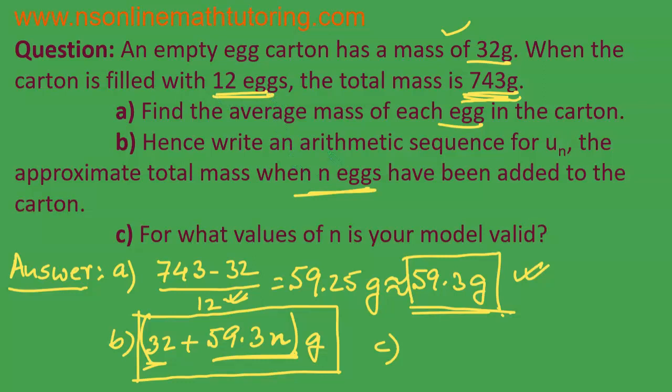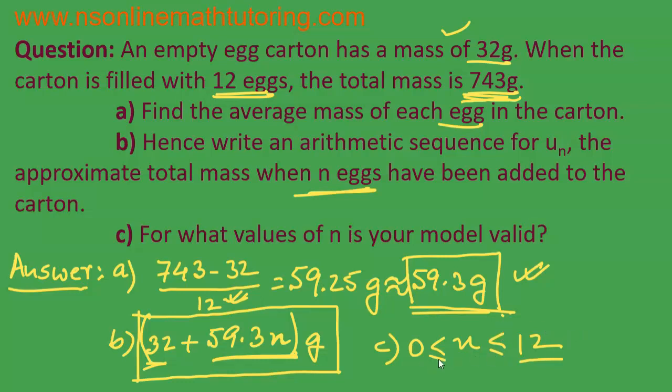So therefore, obviously, n will be having any value between 0 to 12, because the mass of the empty carton is n equals 0, 0 number of eggs, and filled carton is n equal to 12. There are 12 eggs in it.